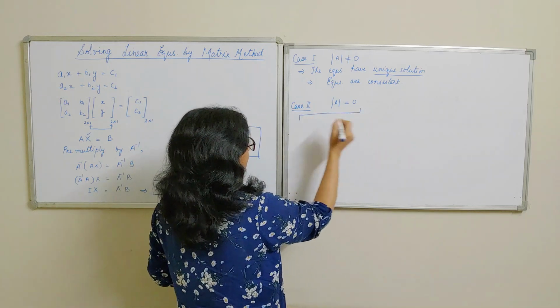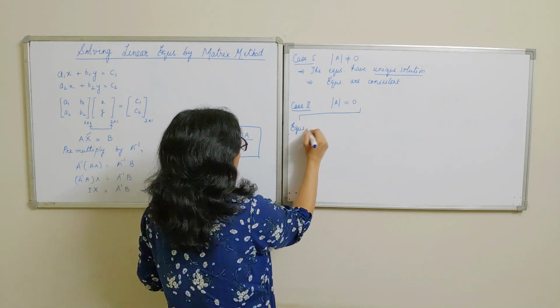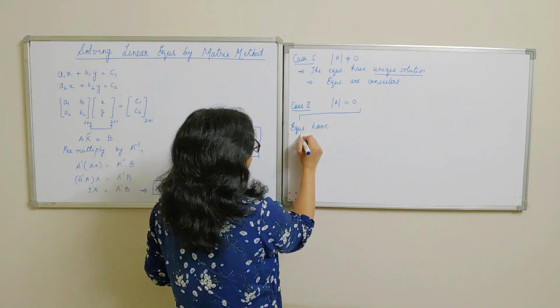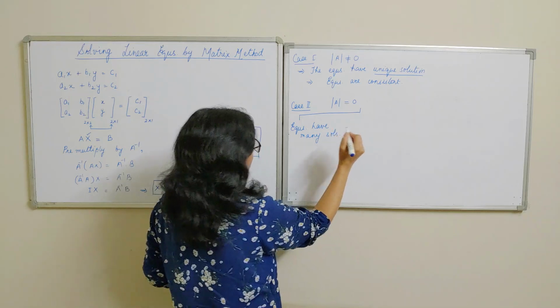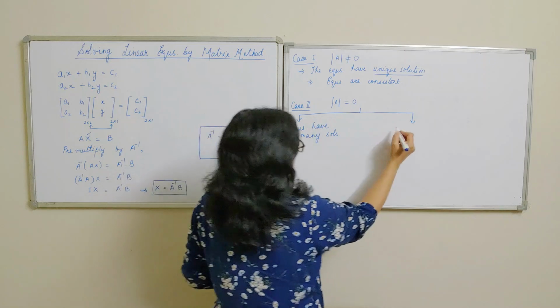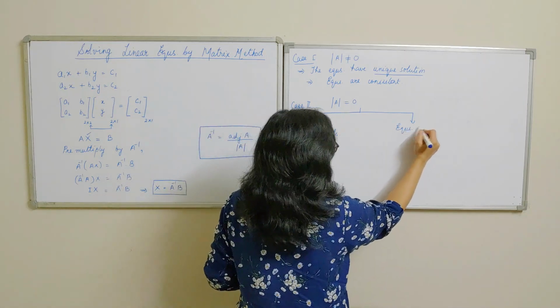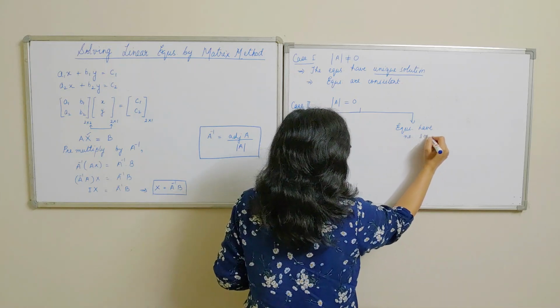Whenever determinant A turns out to be 0, there are two possibilities. The equations have many solutions, or a second situation where the equations have no solution.